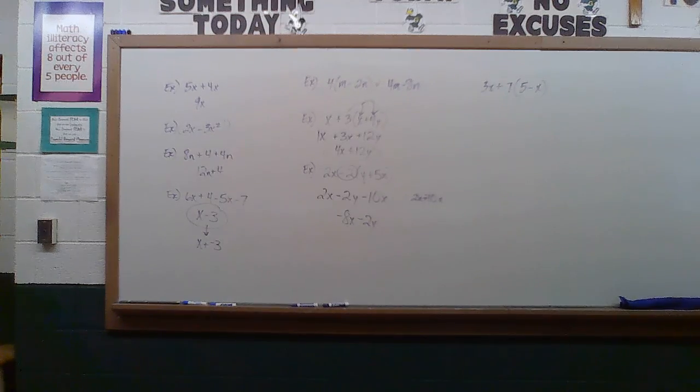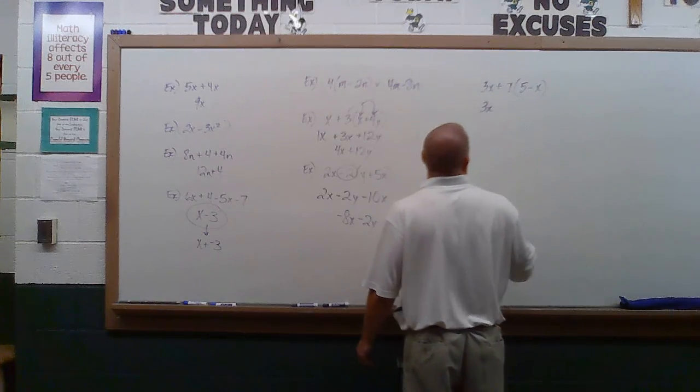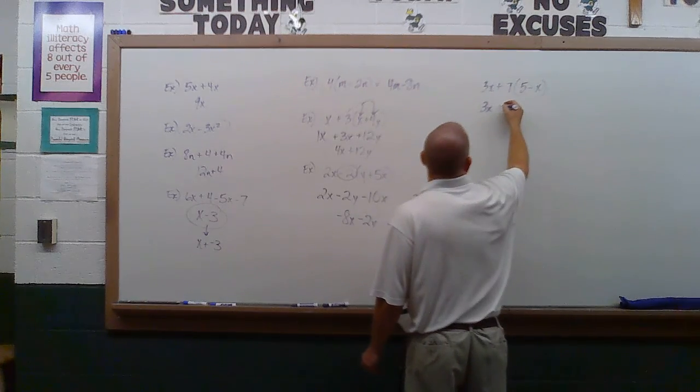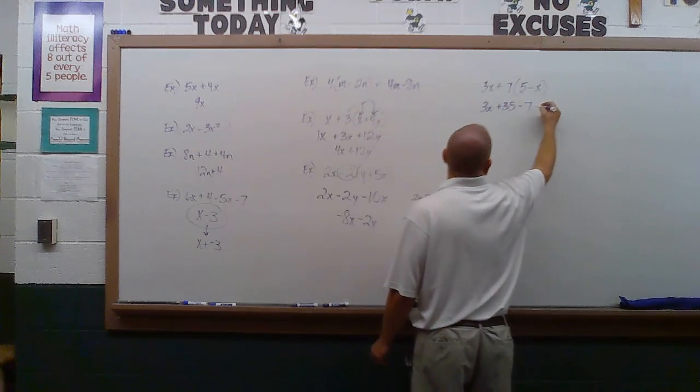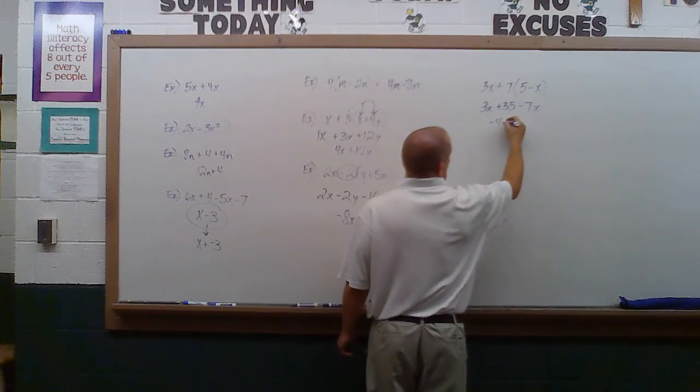So the first thing I have to do is distribute again, and I'm distributing 7 through my parentheses. So 3x comes straight down. And what did I get when I distributed? Plus 35 minus 7x. Awesome. And then you get negative 4x plus 35.